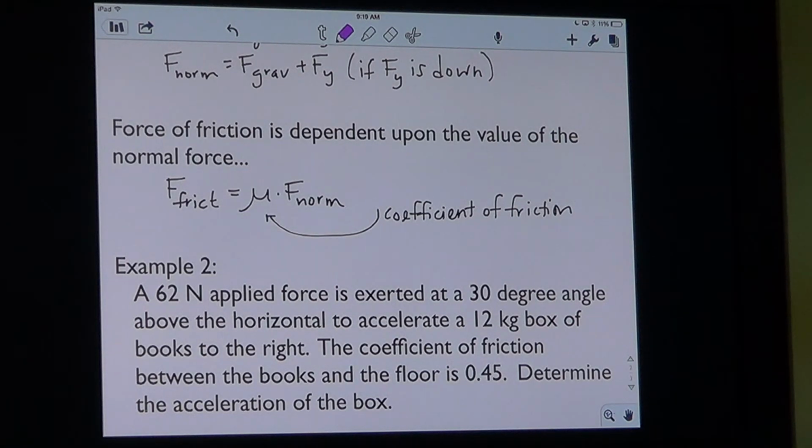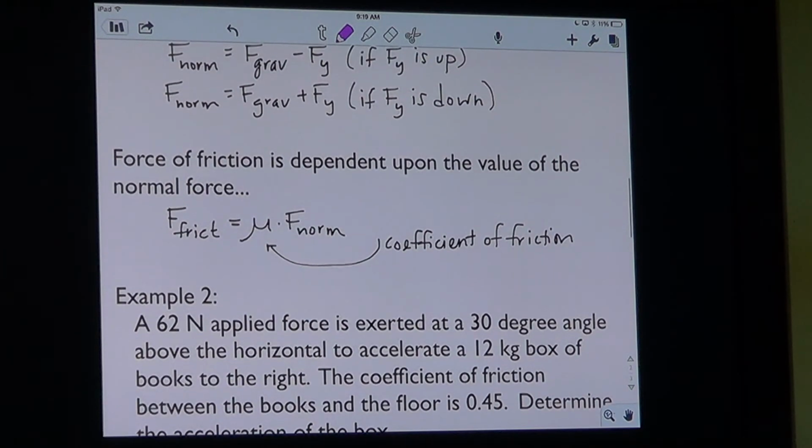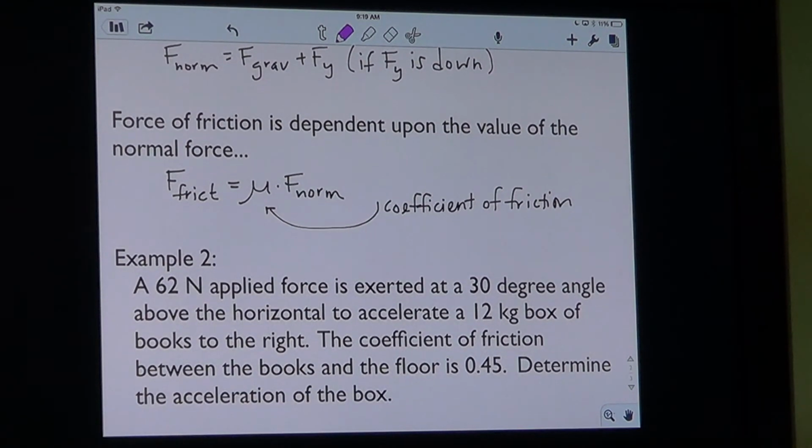Okay, so we need to know that the normal force will balance with the gravity and also the y component, the vertical component of the applied force. So that's what those first two equations are telling us.